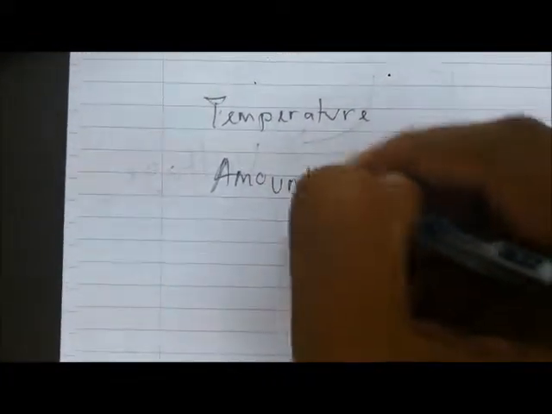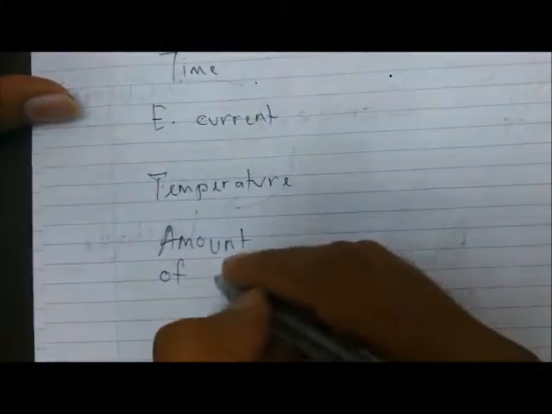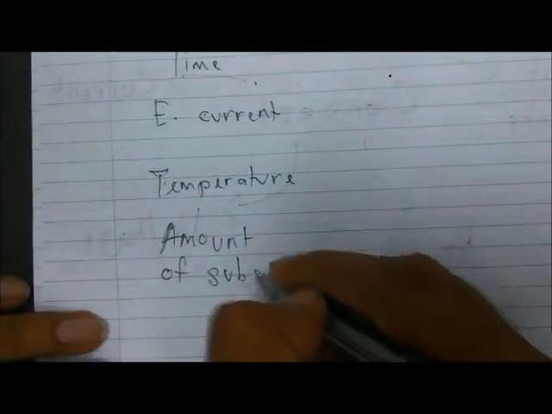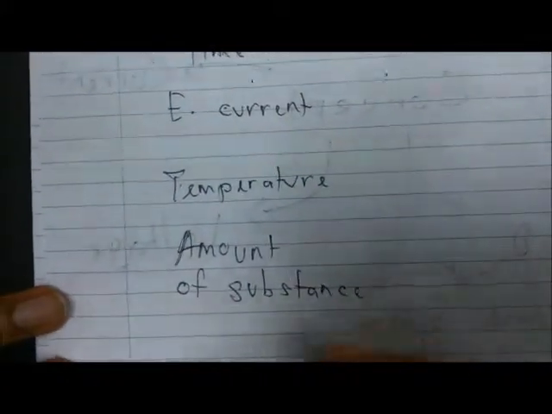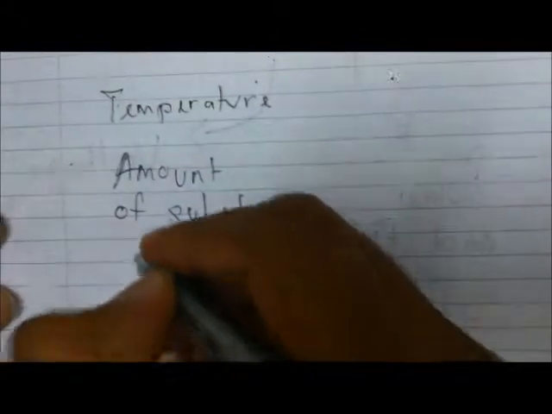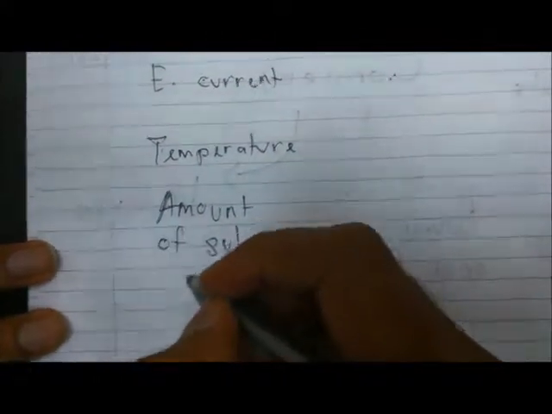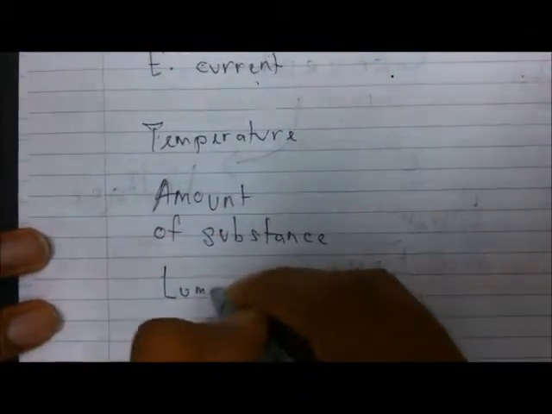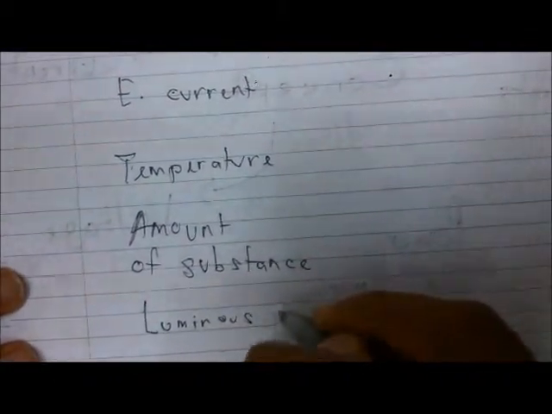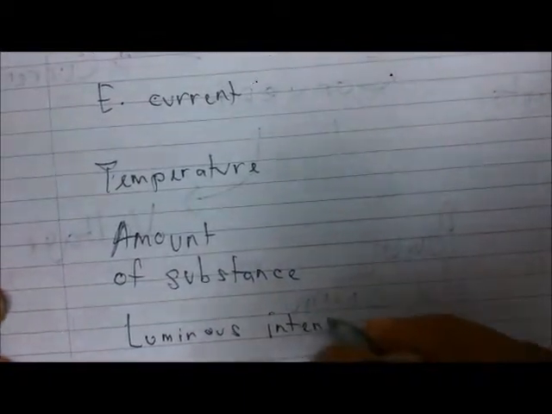Basically in electrical circuit scope, we are not using amount of substance because this is more introduced in chemistry-based learning. Luminous intensity is more about light effect.